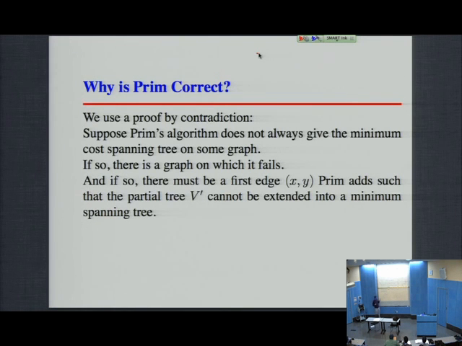But if Prim's algorithm is incorrect, then as it picks edges, at some point it will have gotten edges here, such that there is no possible minimum spanning tree that includes these edges and some combination of the rest of the graph. And I'm going to say, is that so?